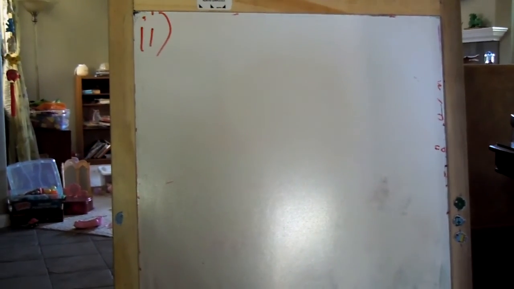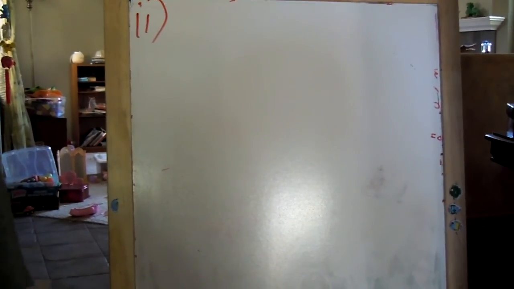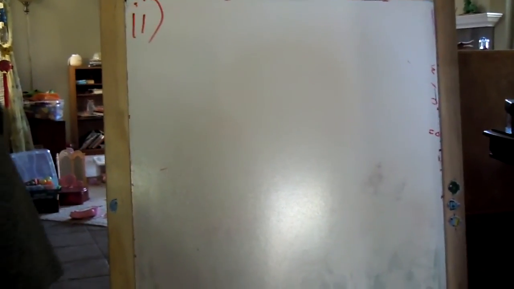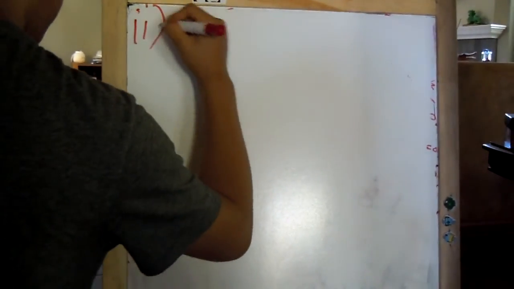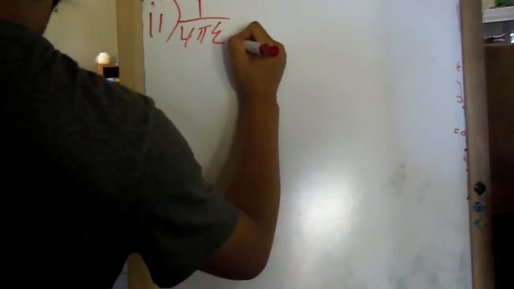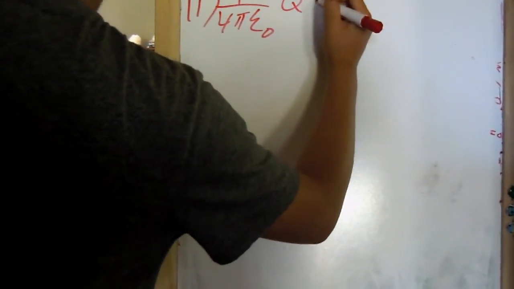Part 2 of C asks you to find the electric field maximum. So going back to the equation we had before, it would be 1 over 4 pi epsilon naught q times x over x squared plus r squared to the 3 halves.